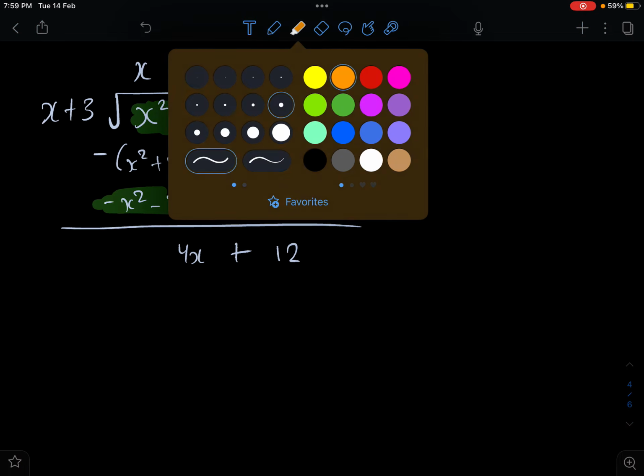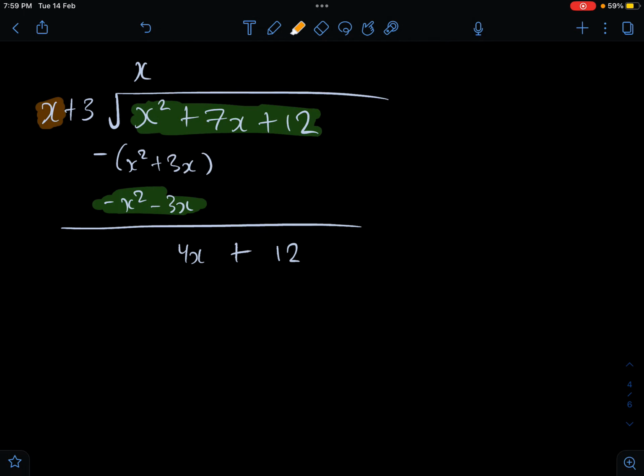And now we're going to do the exact same thing as we started off with. Look at this term and this term. What's 4x divided by x? Is 4.